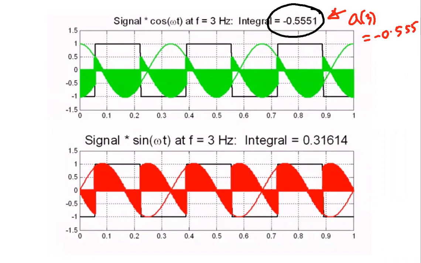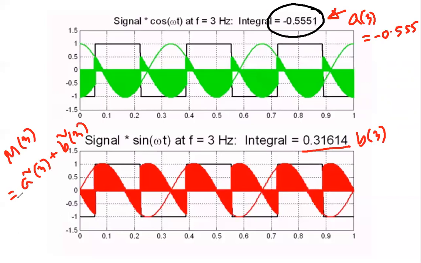Similarly, for B3, you get this value, which is 0.31614. So you have both A and B parts. If I try to find M3, it is equal to the square root of A3 squared plus B3 squared, and you will get some magnitude response.